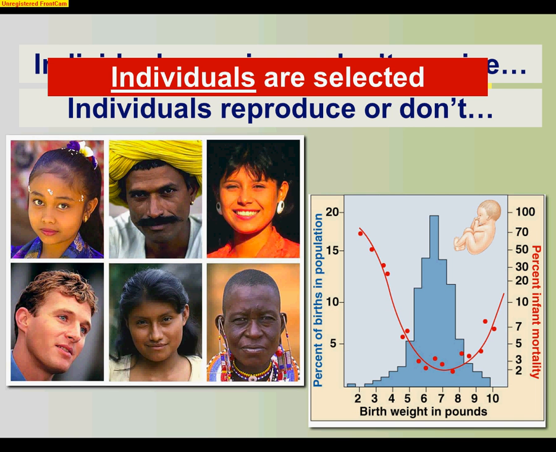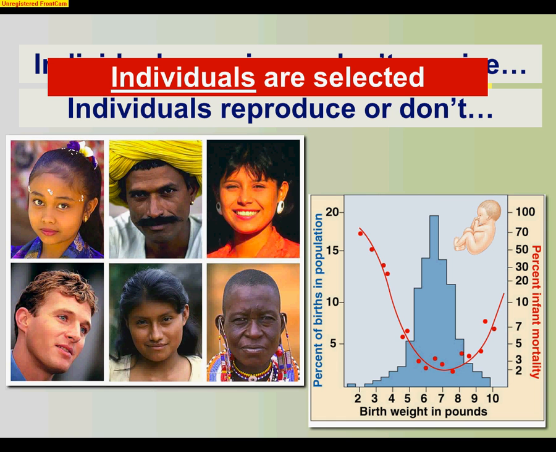So take a look at the picture down here. Birth weight in pounds shows you a nice little bar graph in blue. Then you have the percent of births in the population, and on the right hand side you've got infant mortality.